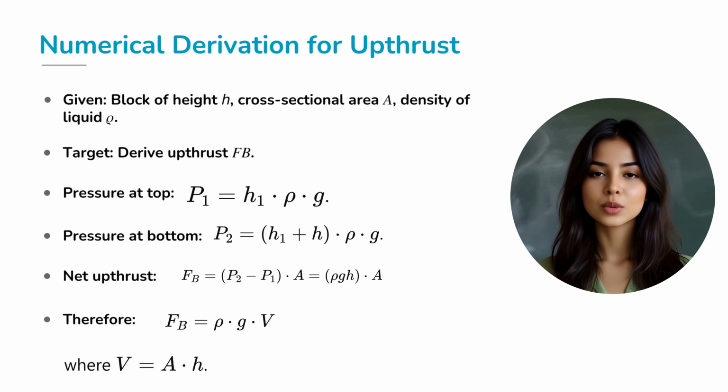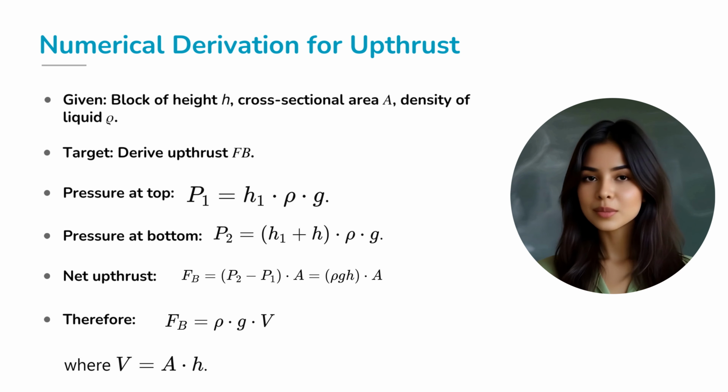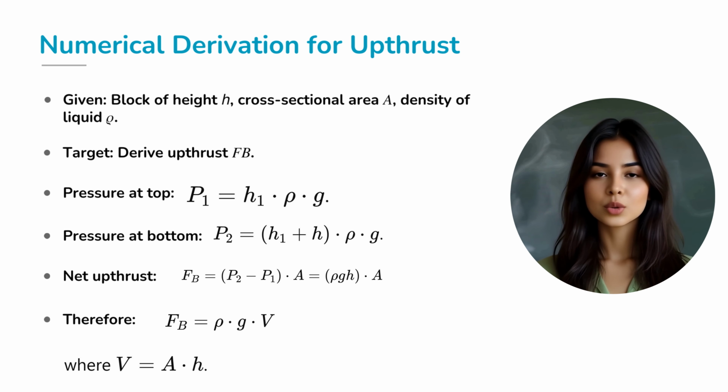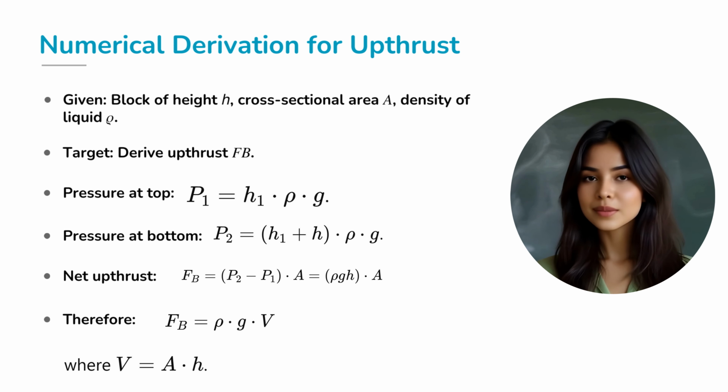Net upthrust equals (P2 minus P1) into A. Substitute the values. F_B equals (rho g H) into A. Step 3. Since area A into height H equals the volume V of the block, we can write F_B equals rho times g times V. That's our golden formula. The upthrust is equal to the weight of the displaced liquid.